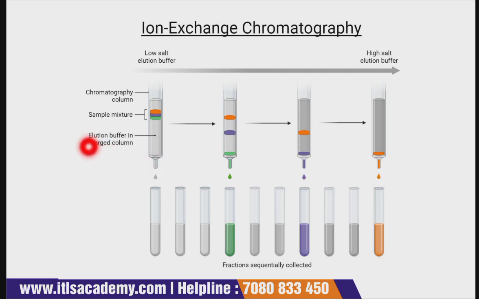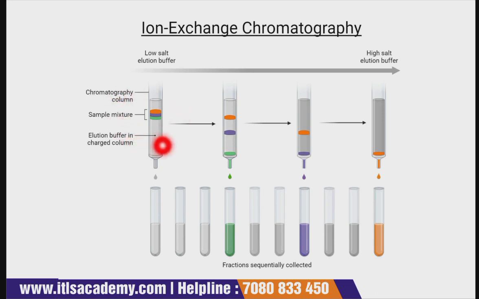This side is the low salt elution buffer, whereas this side has the high salt elution buffer. In this chromatography we have a sample mixture. As the ion exchange chromatography takes place, as you can see in the second diagram, the separation is taking place.